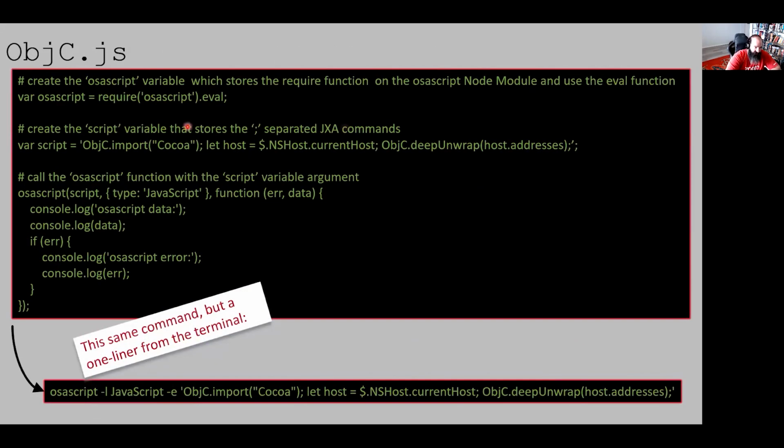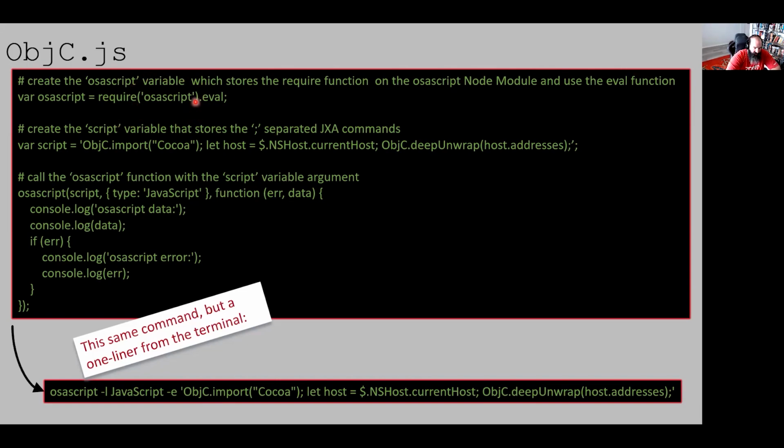And this is an example of the Objective-C bridge in a JavaScript file being utilized. The first thing that happens is you define a variable. We're just going to call this osascript. You're going to use this require function, and again, this is a JavaScript file inside your Electron app.